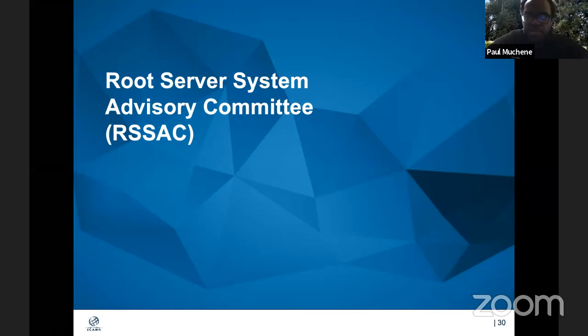I should mention that within ICANN, because the root server performs a very critical role, besides the root server system advisory committee, which I'll discuss briefly, there are other parties and stakeholders who are interested in and contribute towards the overall management of the root server system, even if they are outside the ICANN community, or external to ICANN.